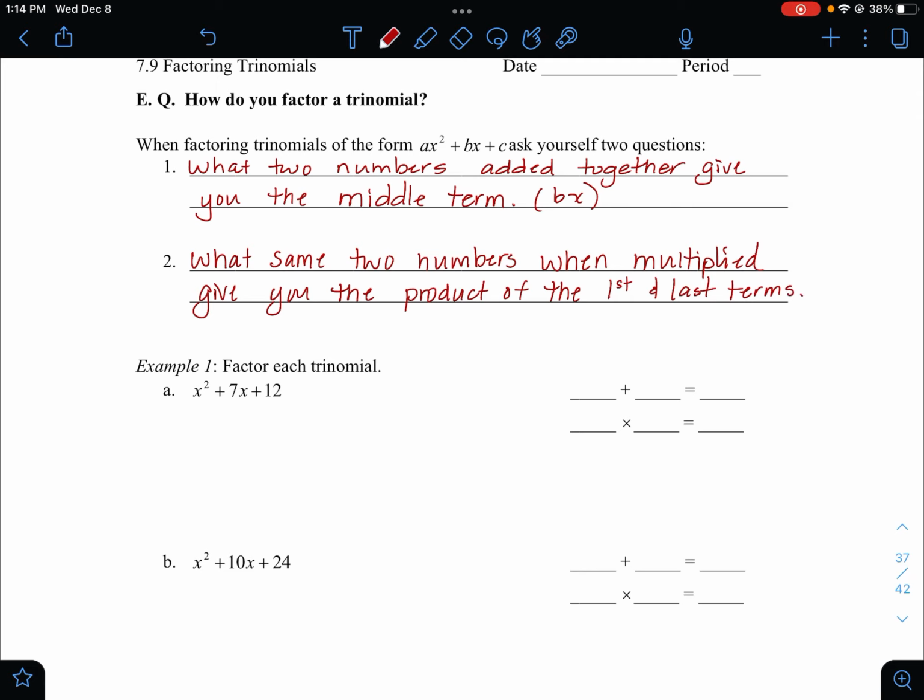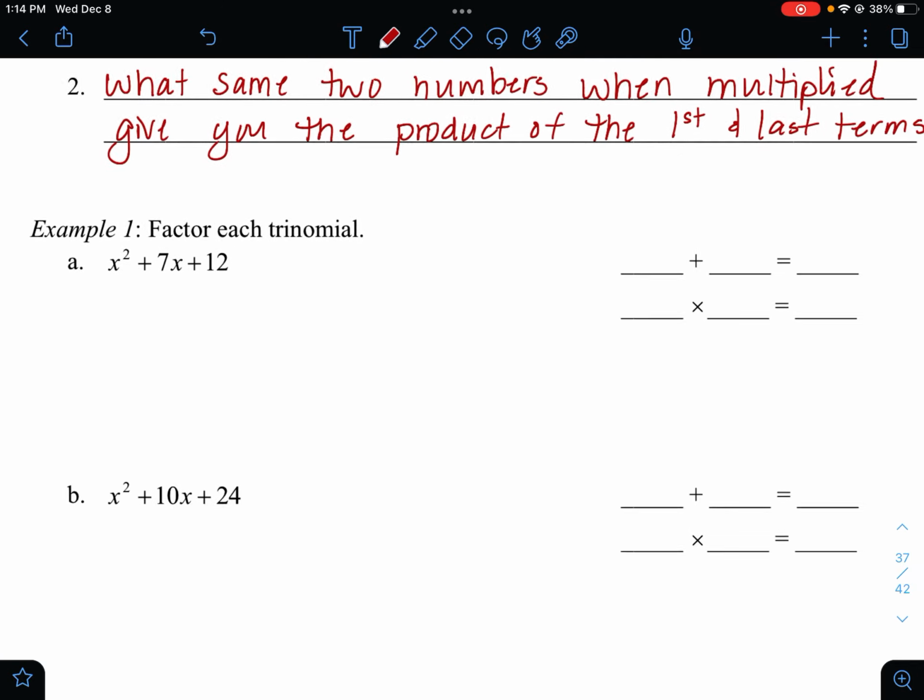Okay? So that's our task. So we're going to start here with example 1.